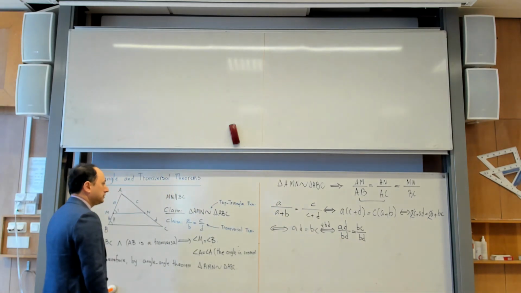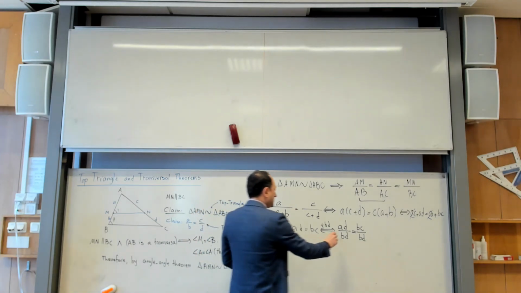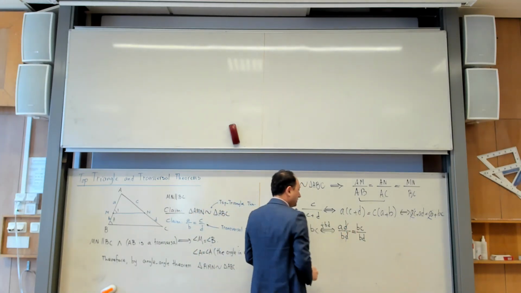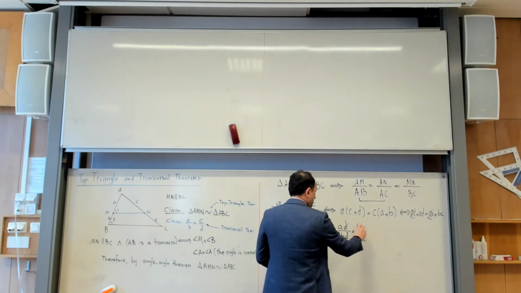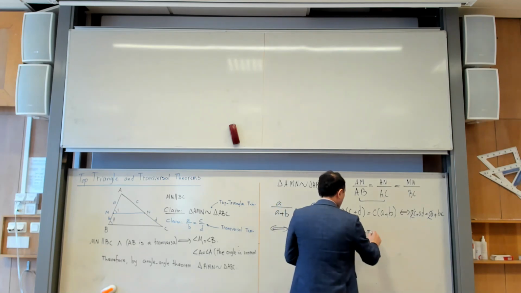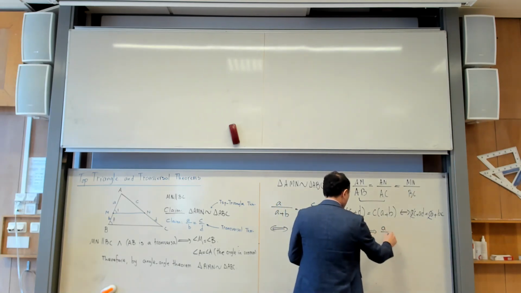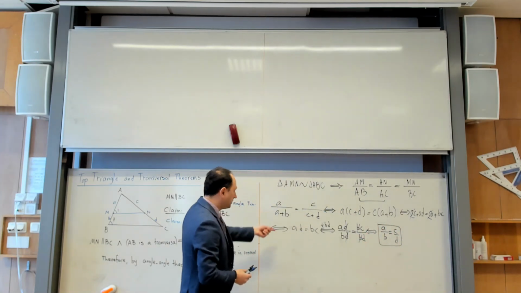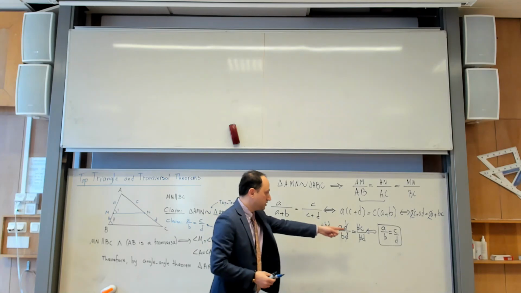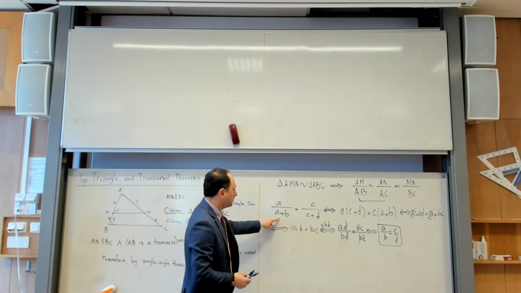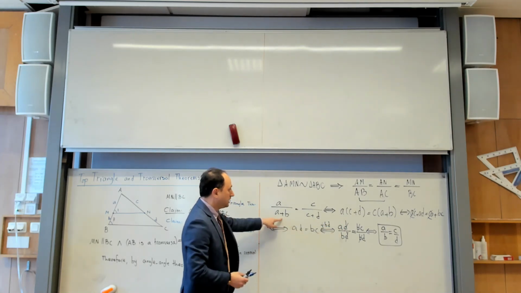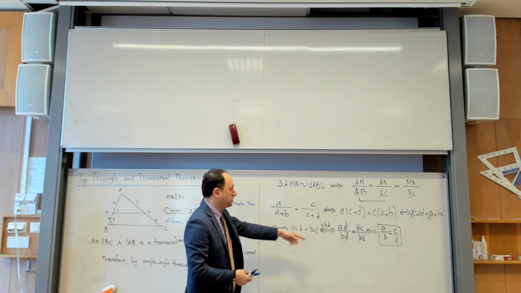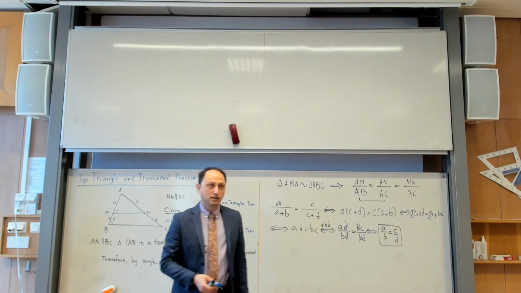This d and that d are cancelled here. This b and that b are cancelled here. And then you can immediately see that you have a over b equals c over d. So in principle, I will not be able to get this directly. What I get directly from the first theorem is this, but because algebraically it is equivalent to that, I can say that that's also true.